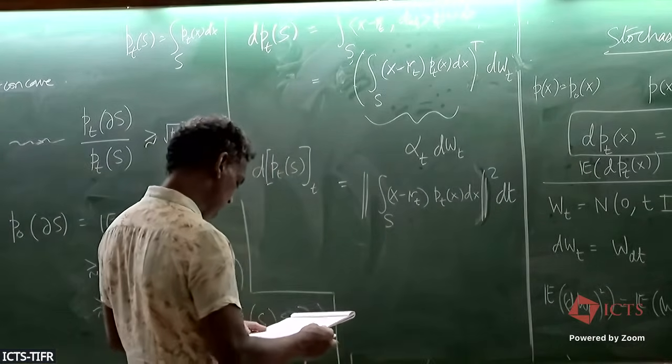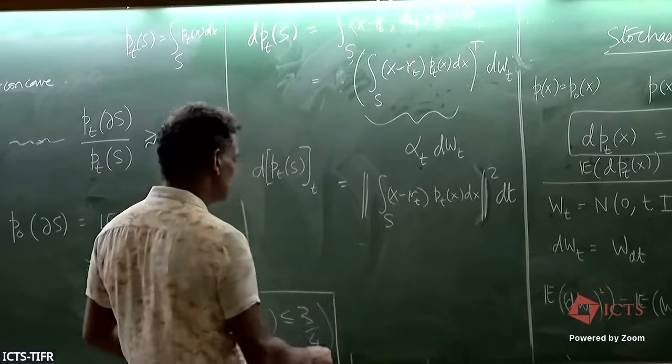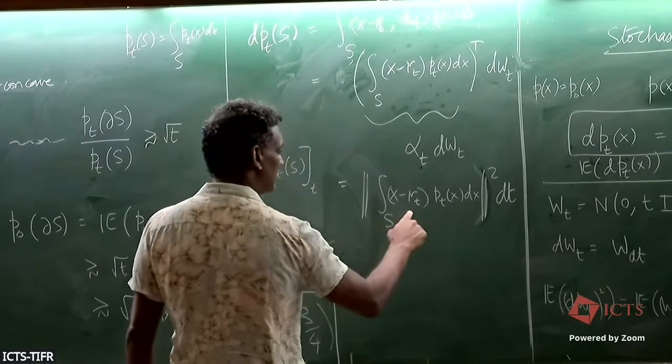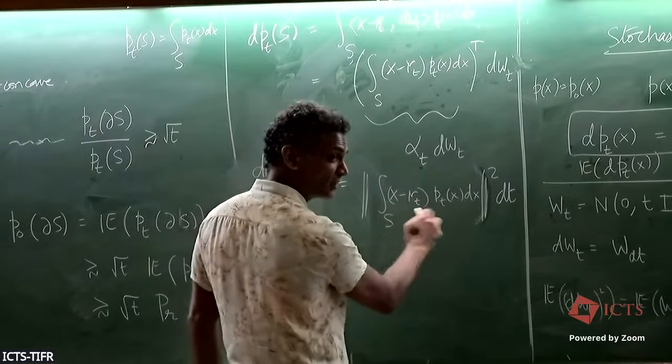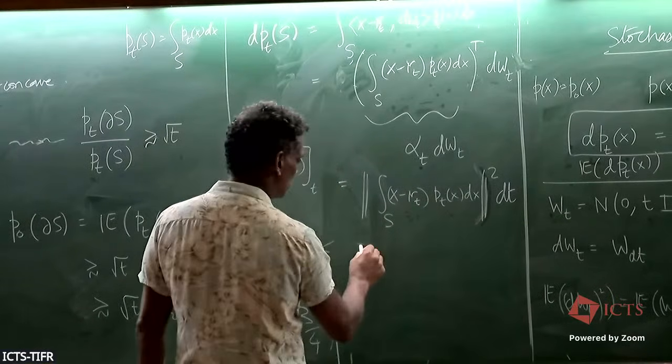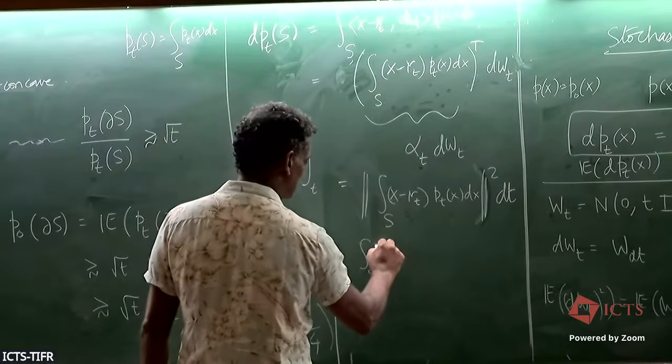But one bound that's generally useful is Cauchy-Schwarz, the sum product of AI, BI.